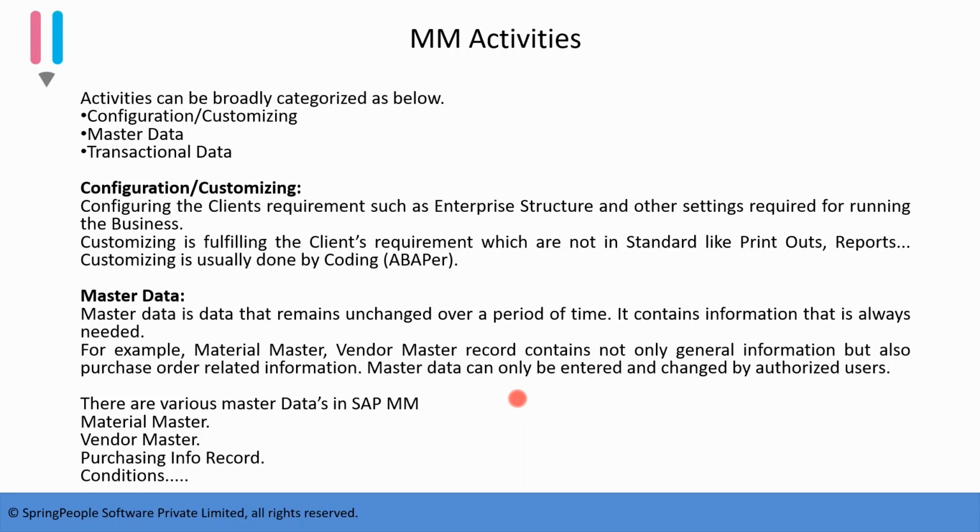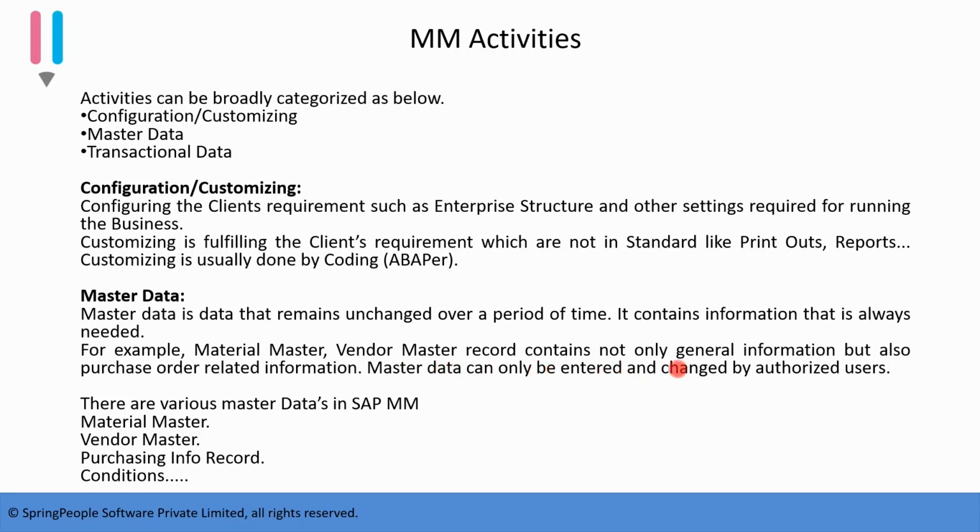Only if there is unique identification will you be able to segregate your iPhone 13, iPhone 14, Redmi, Vivo, OnePlus, Samsung, and so on. So this is called master data. For example, the material master and vendor master records contain not only general information but also purchase order related information.